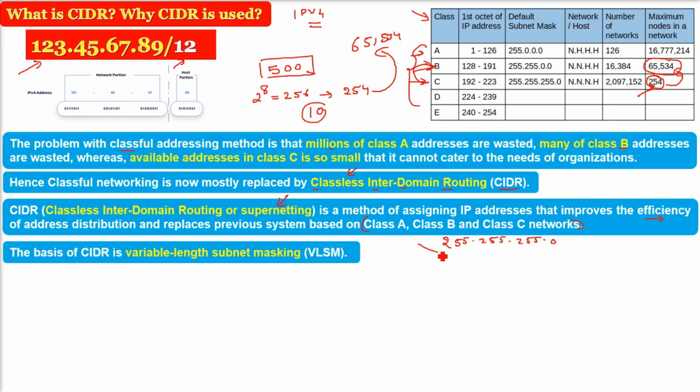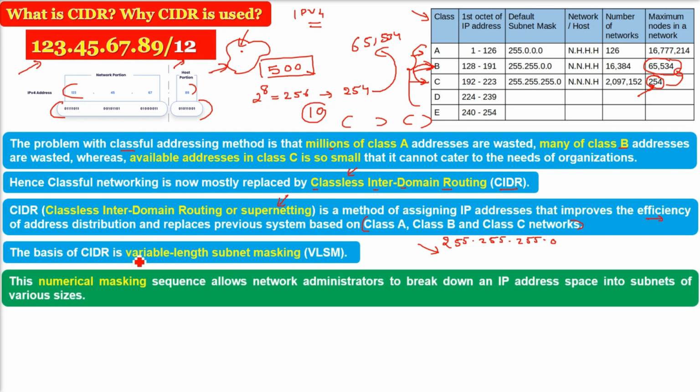But what if you don't want this? You want contiguous addresses for your organization to fulfill its requirement. You need a network address and a host address, similar to the previous system, so the whole network and the hosts inside that network.